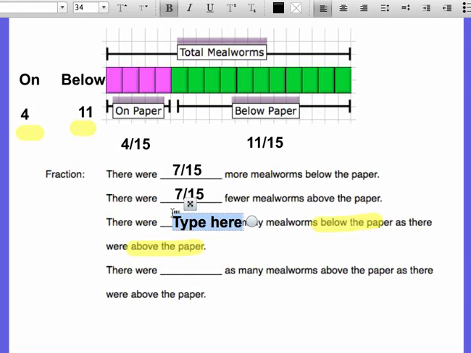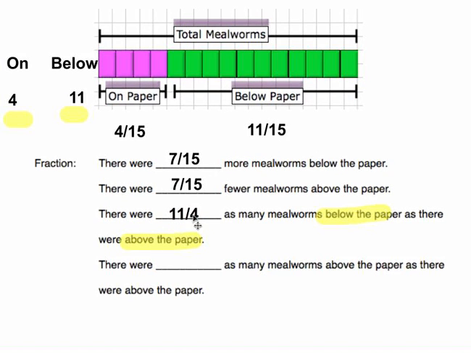I just want to get you comfortable with this language so we can use it going forwards. We can express this relationship by saying there were 11 fourths as many mealworms below the paper as there were above the paper or on the paper. Now that can't be reduced. So it is in simplest form. If your fraction isn't in simplest form, put it in simplest form.